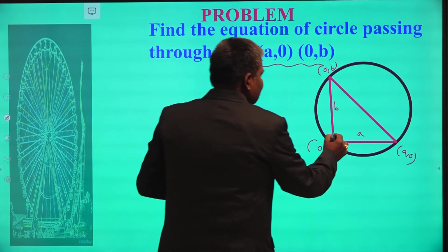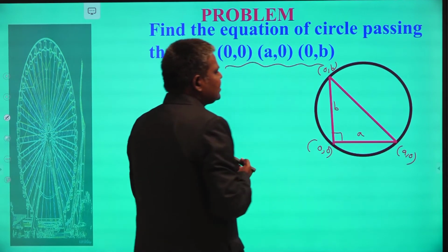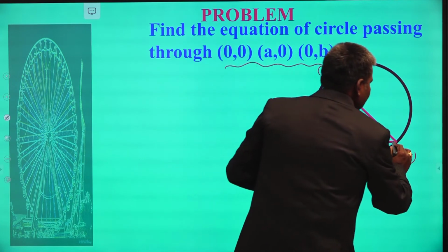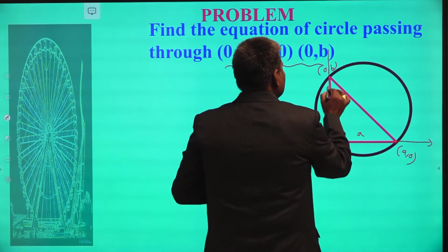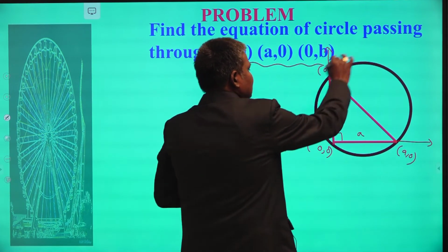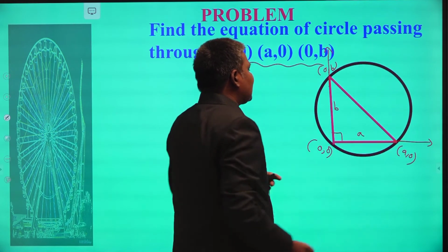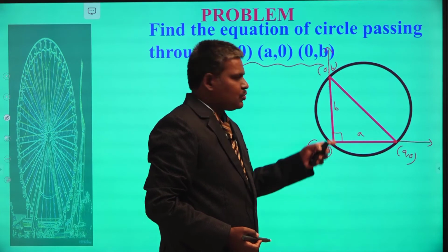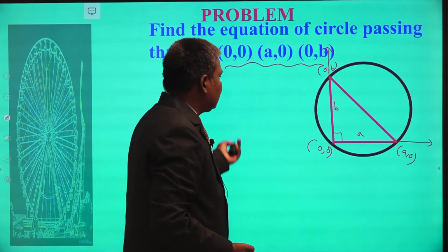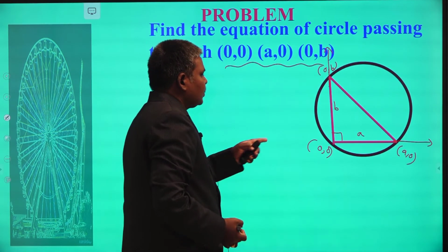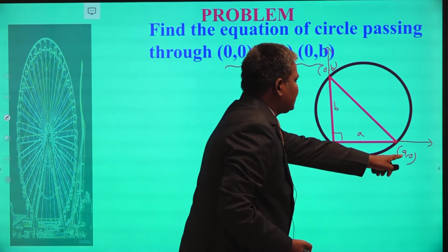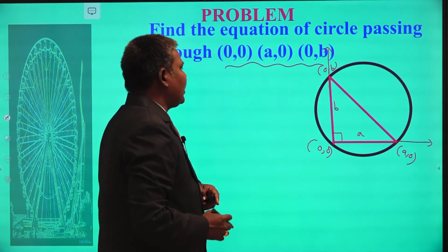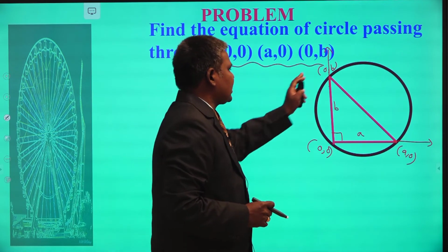So what is the angle, dear students? The angle is 90 degrees. The angle between the coordinate axes is 90 degrees because this is the x-axis and this is the y-axis. The circle passing through the origin meets the coordinate axes at A and B. This is the first quadrant I am showing; you can do the remaining quadrants also. These are the 2 points of intersection of the axes with the circle.